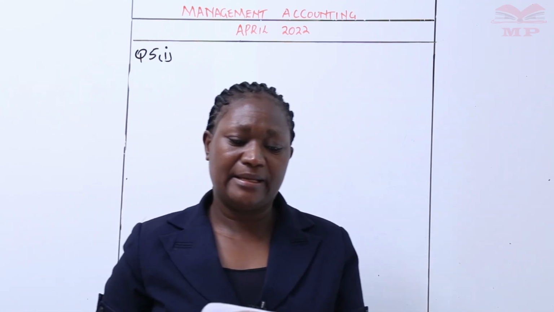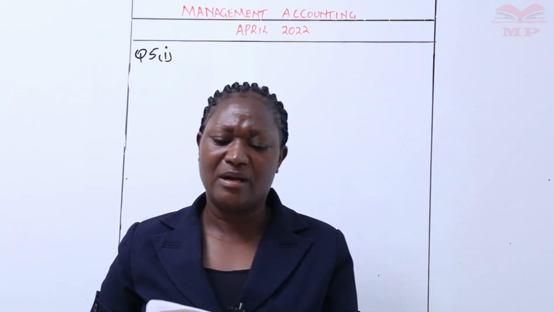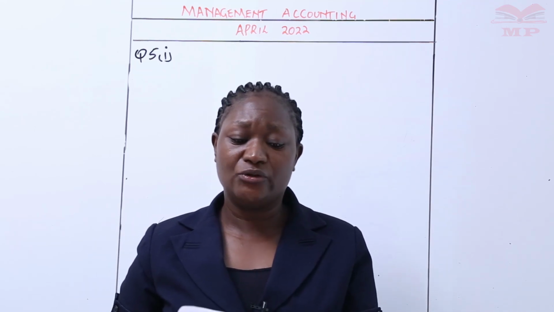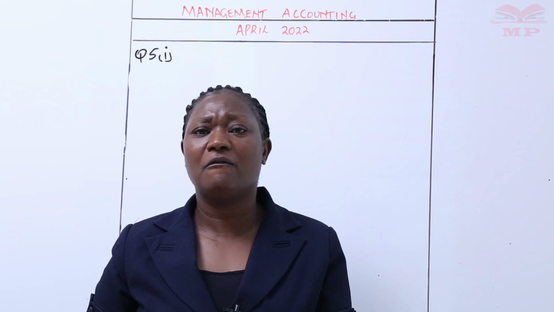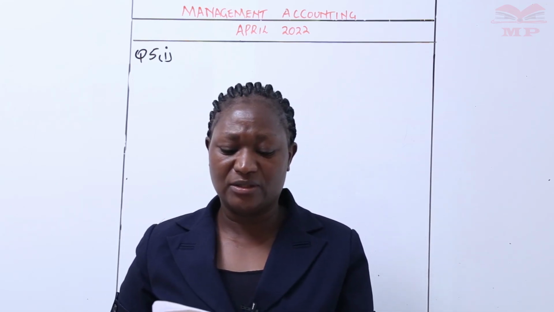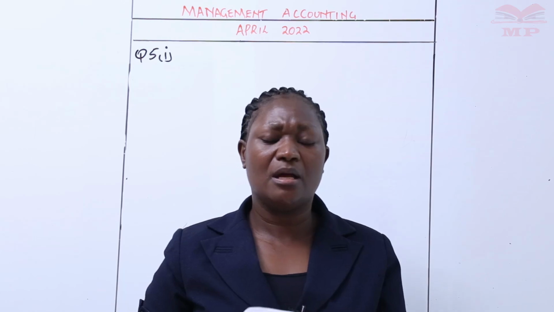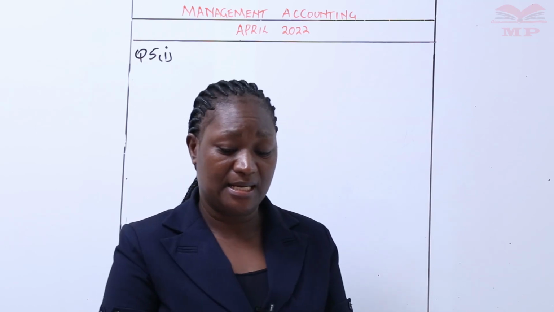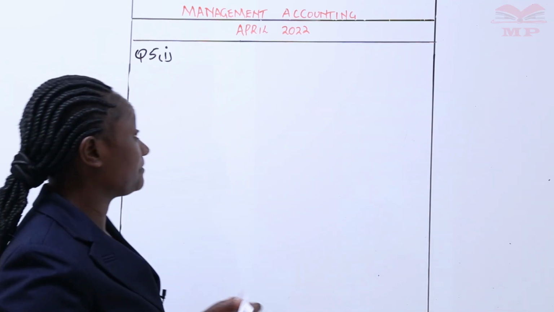The question is from the marginal and absorption costing topic, so we need to know the application of marginal and absorption costing. The question is strictly on marginal costing, and therefore we need to know how the profit statement is prepared under marginal costing.